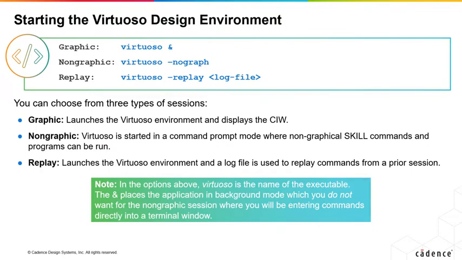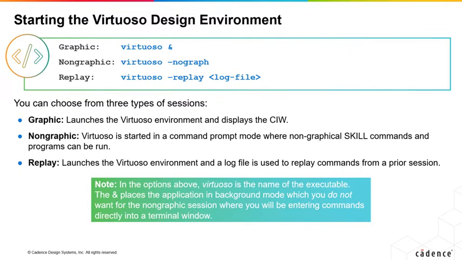The last example here shows you how to replay a session. In this case, virtuoso space dash replay space log file name space ampersand. What this does is if you have a log file from a prior session, you can replay it.